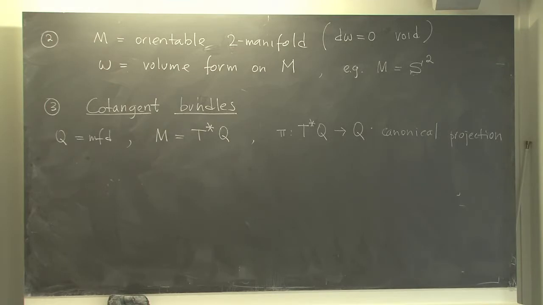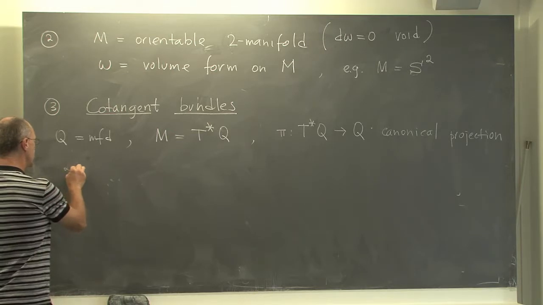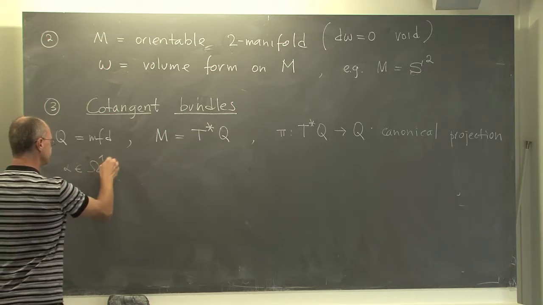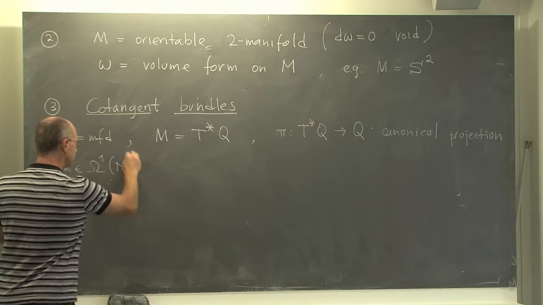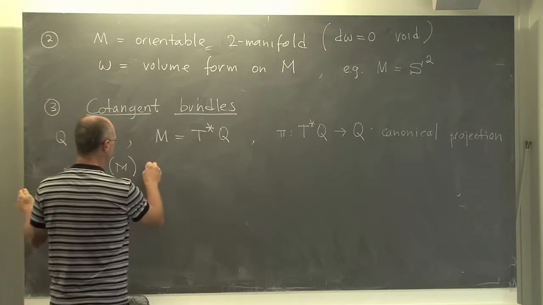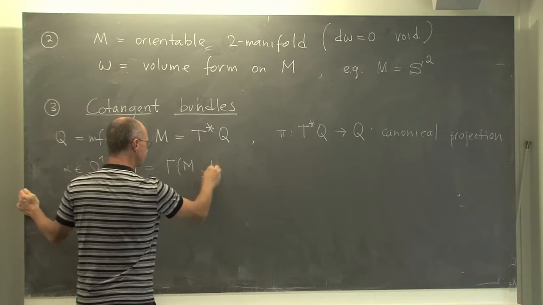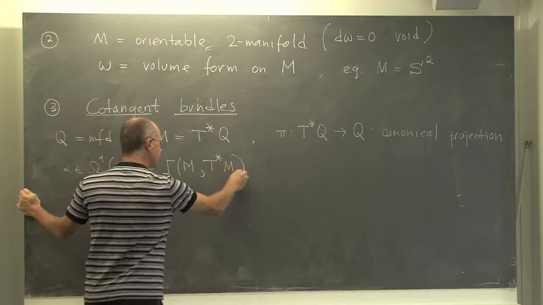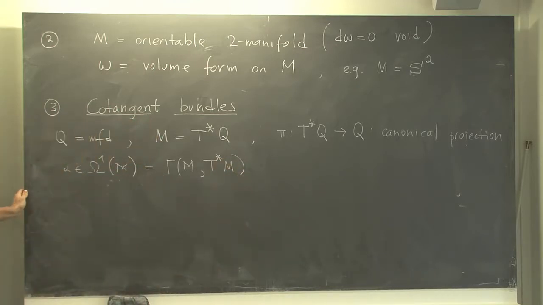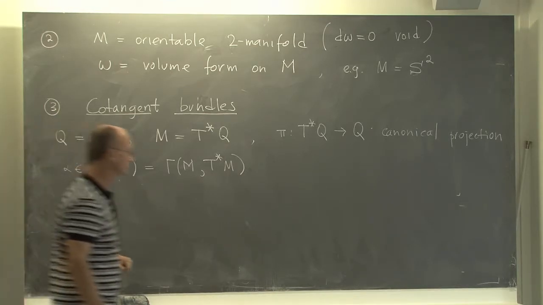And let me make the following remark. Suppose that alpha is a one form on M. Of course, being a one form on M, what are one forms on M? These are sections of the cotangent bundle, right? But geometrically, what are sections of the cotangent bundle?